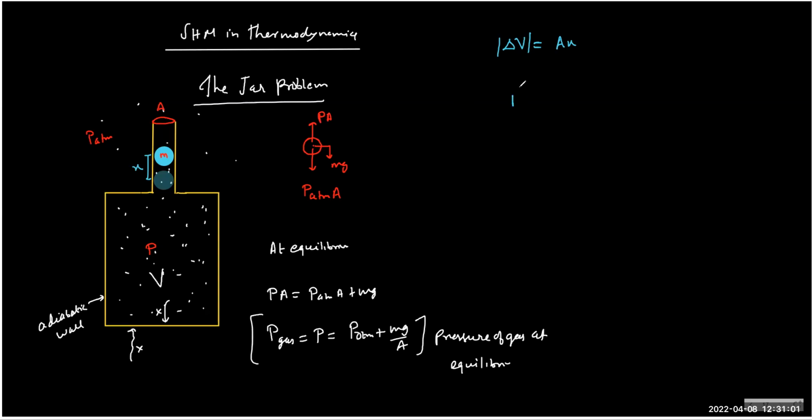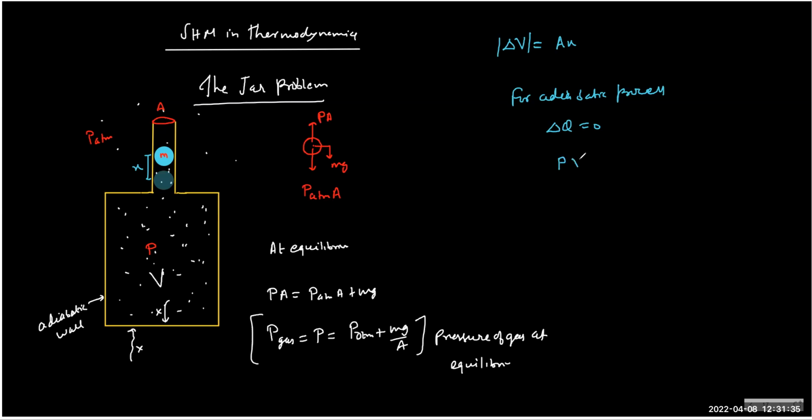So for an adiabatic process, what do we know? Delta Q equals 0. We define the bulk modulus as follows. For an adiabatic process, delta Q is 0, which gives a fairly known answer, but we are not interested in that.